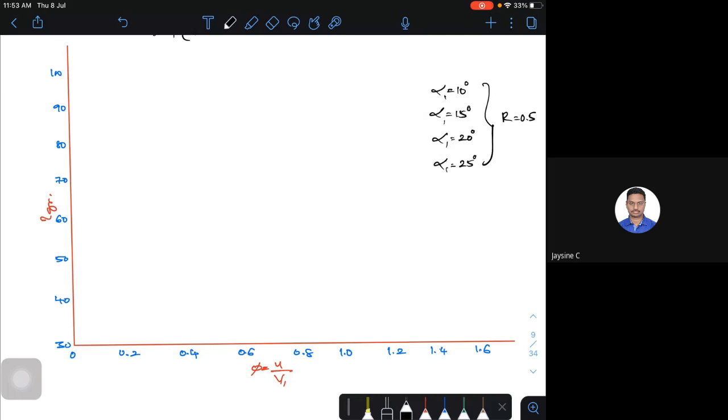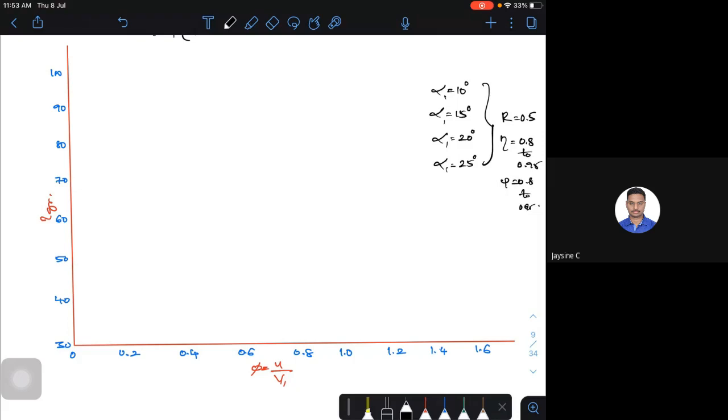For nozzle efficiency, you can take some value between 0.8 to 0.95, any number, 0.9 or 0.95. If there is any friction factor, the psi will depend on the friction factor. You take that as 0.85 or whatever it may be. Psi also you can vary between 0.8 to 0.95.